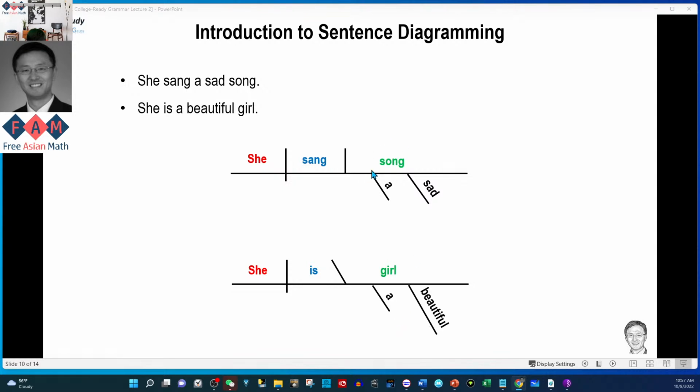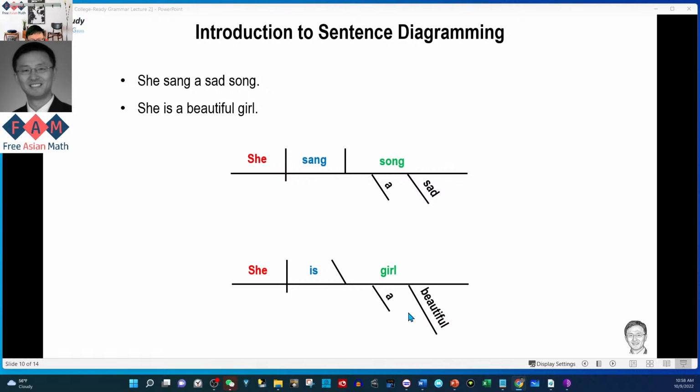But like we did in the first one, "a" and "beautiful" are diagrammed right beneath "girl." Okay, so those are very simple examples, but as an introductory matter, they're important.